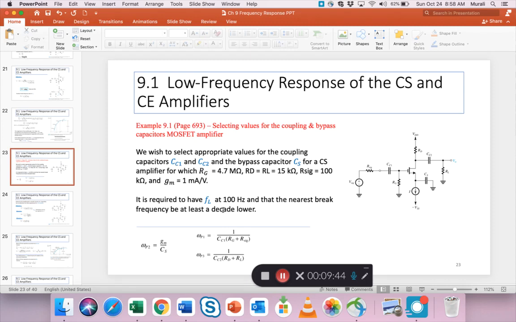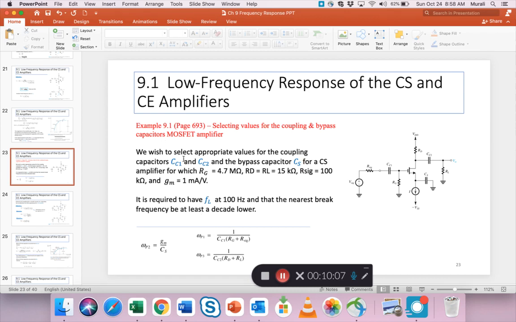So to get 100 Hertz, and all the other data about the resistances is given, gm is given. With all this information, find CC1, CC2 and CS. Now we know CS is the most important thing because that generally ties directly to FL.